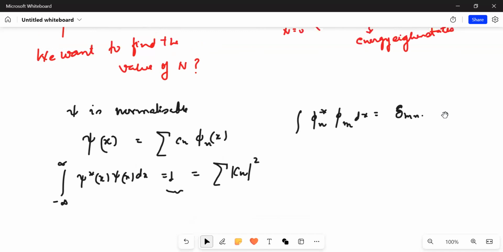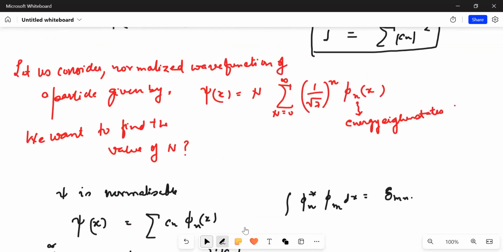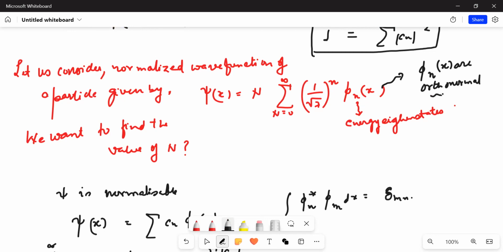If that is not written, please do write it here. So these phi_n are orthonormal energy eigenstates.